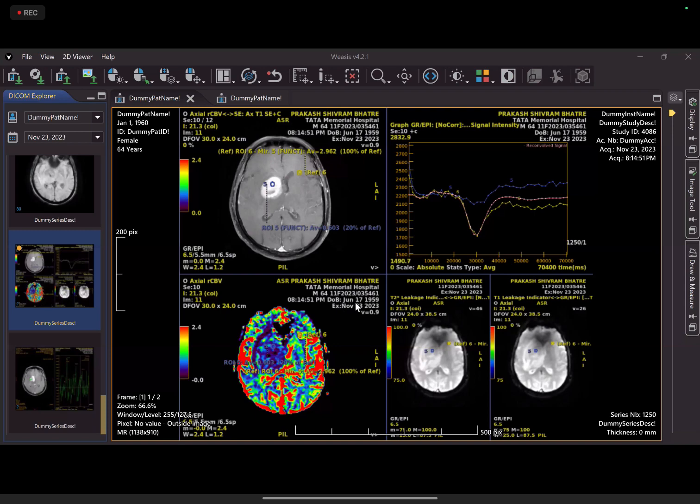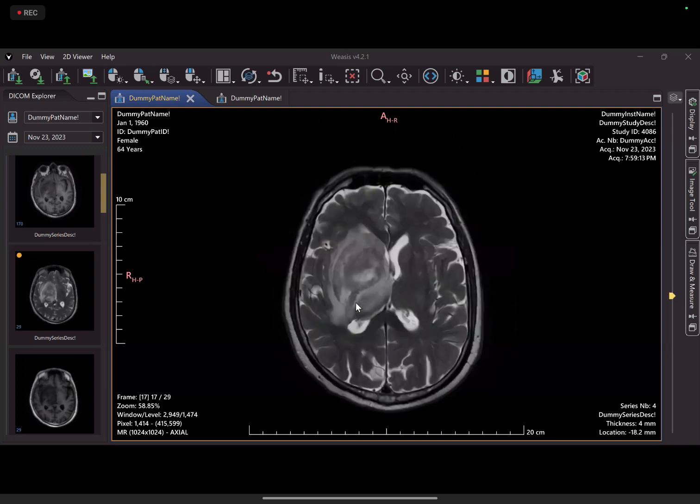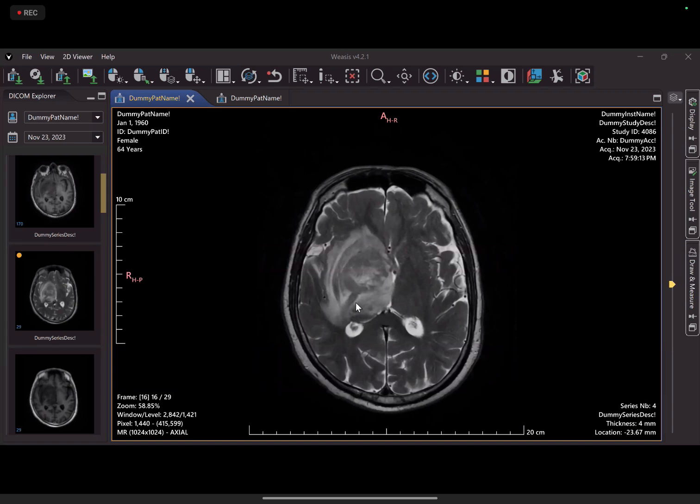What is the location of this lesion? Gangliocapsular region, right? So any kind of abscess which presents in this area? Toxoplasmosis. Toxoplasma, very important.